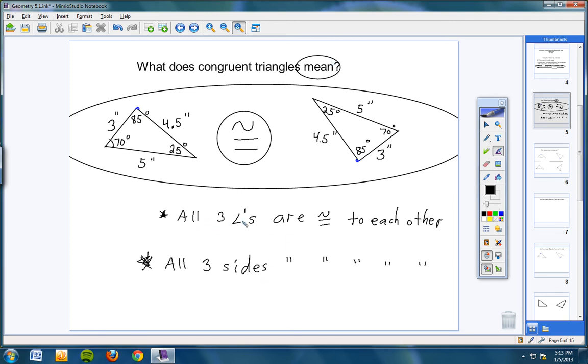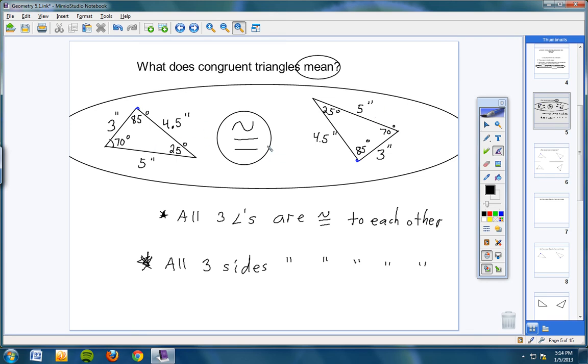It means all 3 angles are congruent to each other. These 3 angles will match these 3 angles, and it also means that all 3 sides match all 3 sides. Notice it doesn't matter how one triangle is turned compared to the other triangle. None of that matters as long as all 3 angles are congruent to all 3 angles and all 3 sides are congruent to all 3 sides.